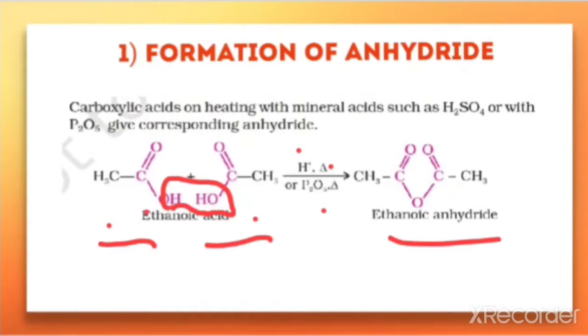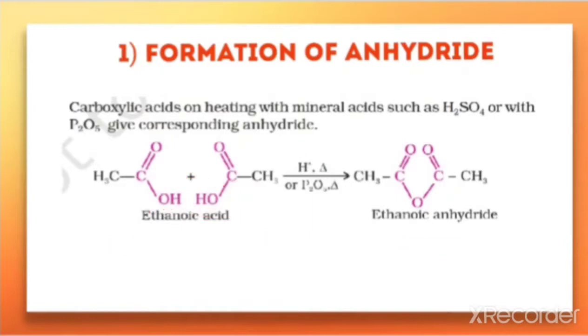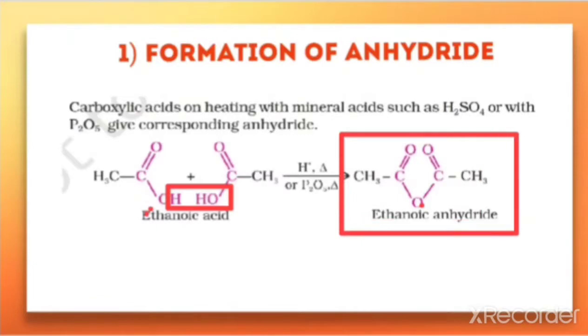One oxygen is remaining. The water is removed, so one O is remaining here, and we can see that it results in the formation of an anhydride. This product is called ethanoic anhydride.